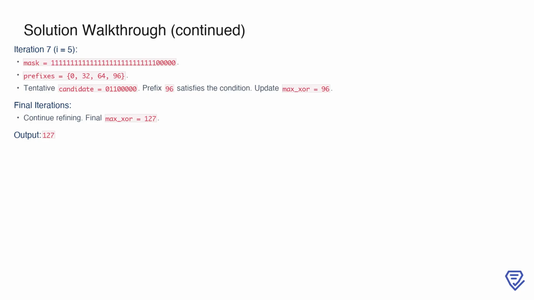As we continue refining the solution through the remaining iterations, we narrow down the bits further and find that the final value of max_XOR becomes 127. This demonstrates how the algorithm systematically builds the maximum XOR by leveraging the prefixes and the mask at each step.